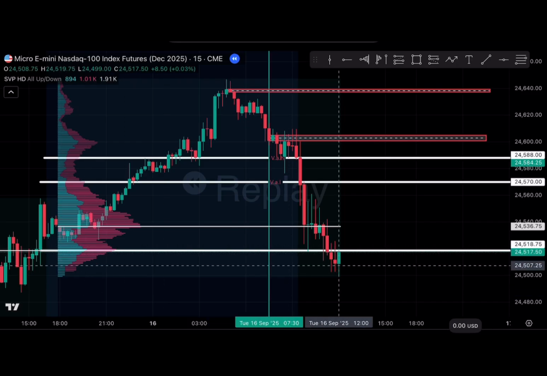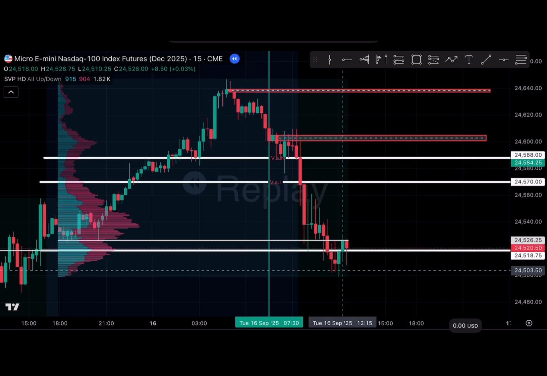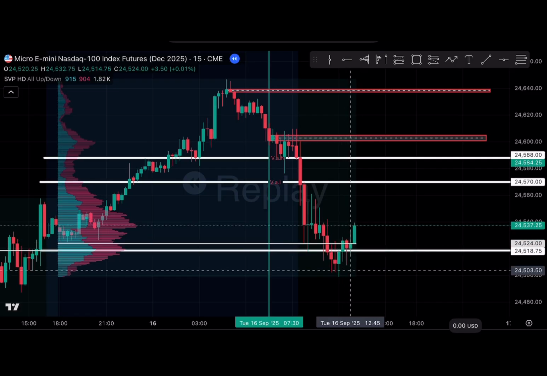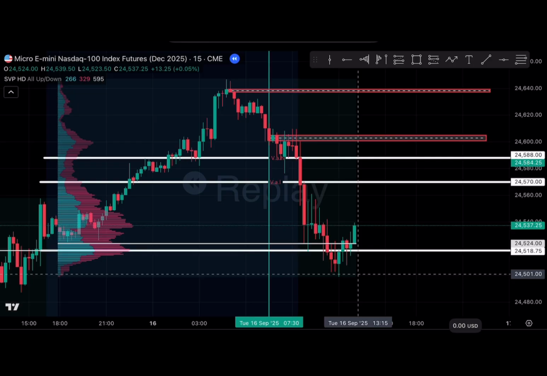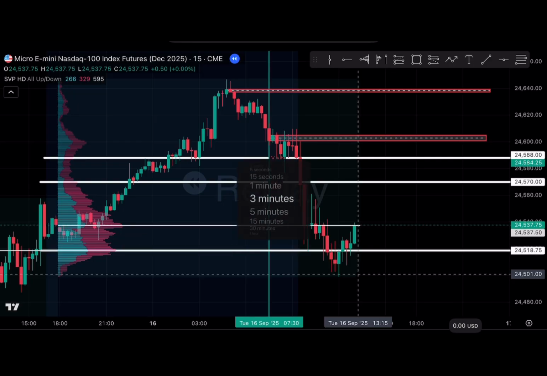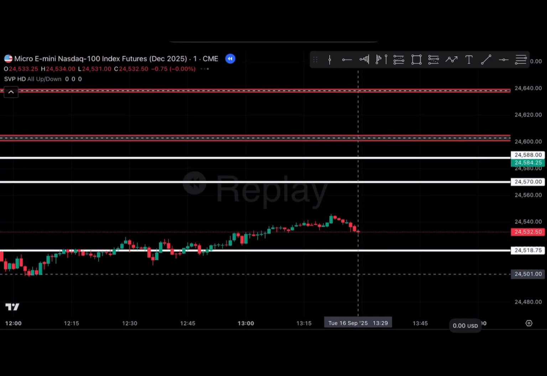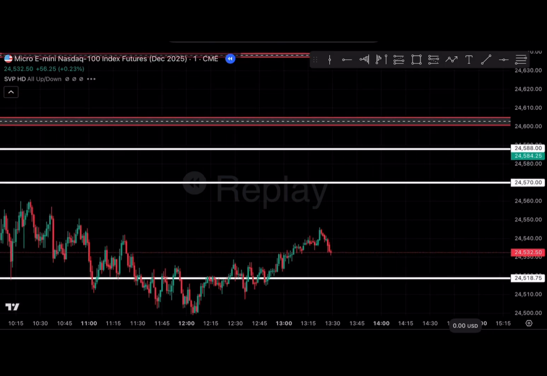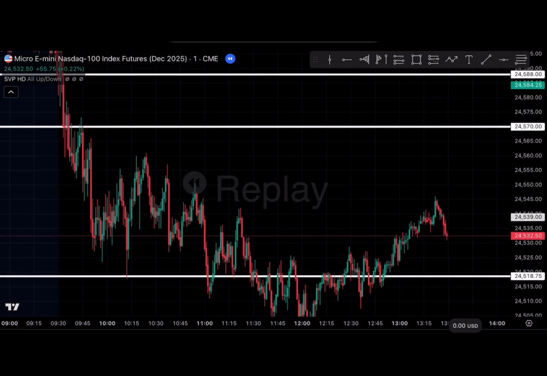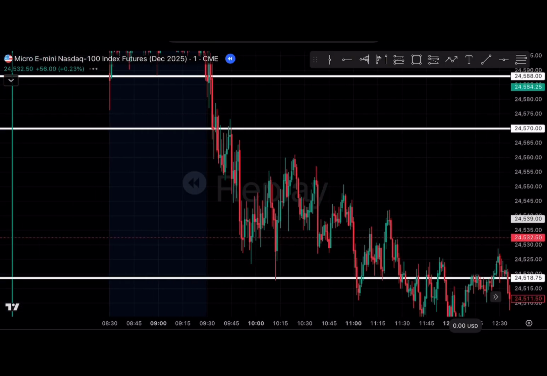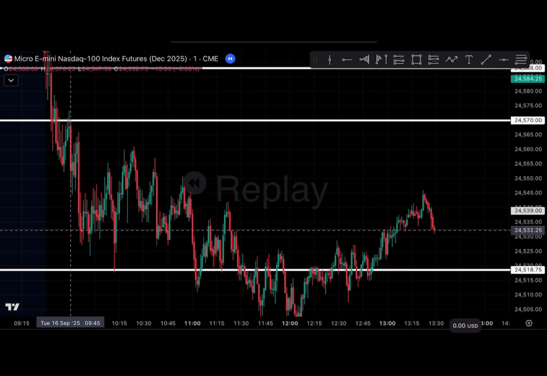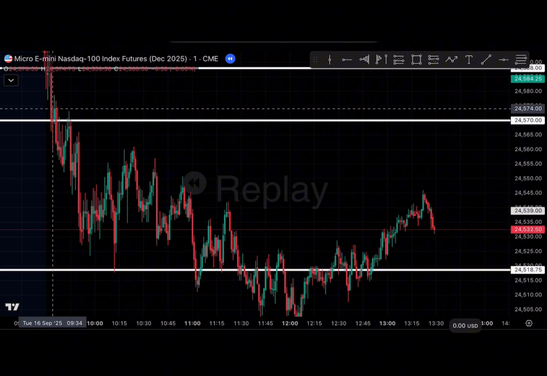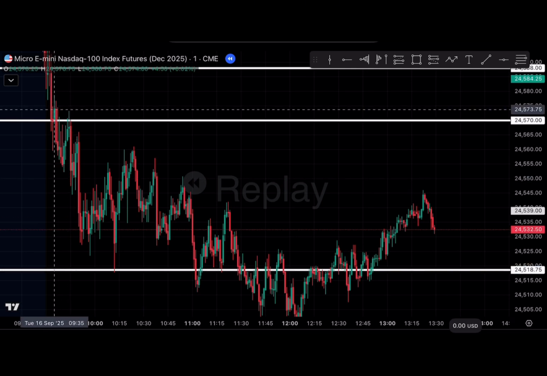So I'm either looking for a low volume node area or a range, a sell. So instead of buying, I'm now looking for a sell. So after 1, and bing, we have a range already established. Actually, it started from 9:34.